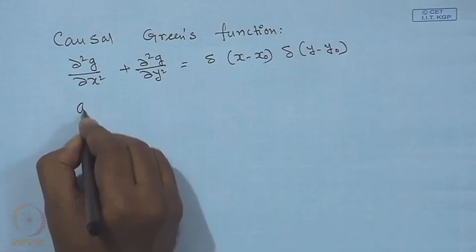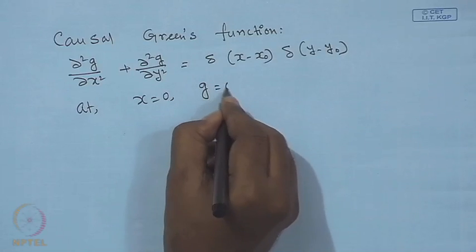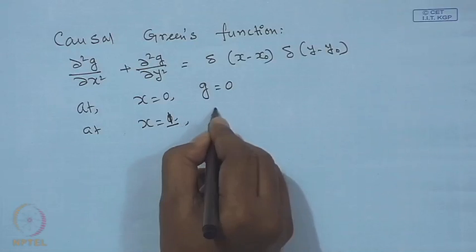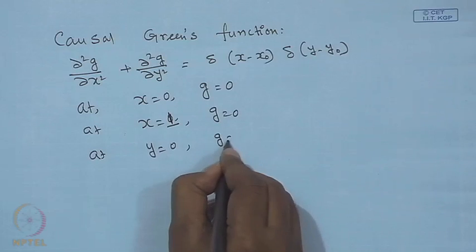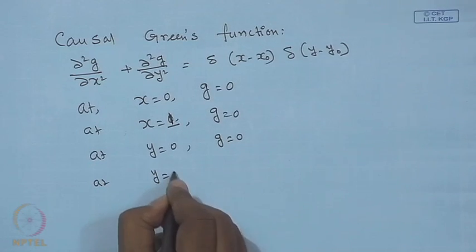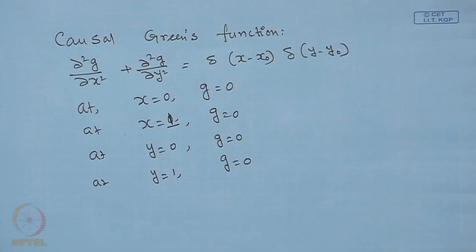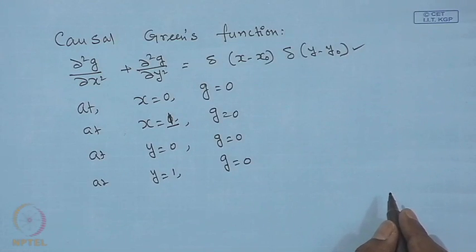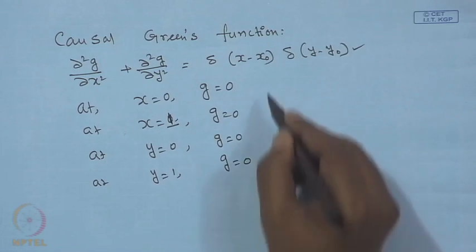Then we make all the boundary conditions homogeneous: at x is equal to 0, g is equal to 0; at x is equal to 1, g is equal to 0; at y is equal to 0, g is equal to 0; at y is equal to 1, g is equal to 0. So, in the construction of the causal Green's function, we replaced the non-homogeneous term in the governing equation by a Dirac delta function located at x naught and y naught, and all the non-homogeneous boundary conditions are forced to be homogeneous.